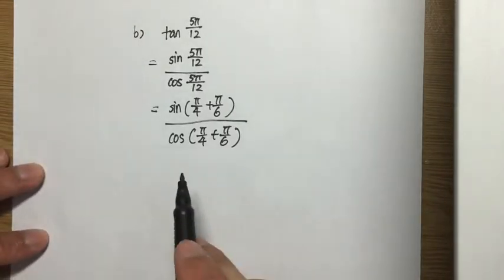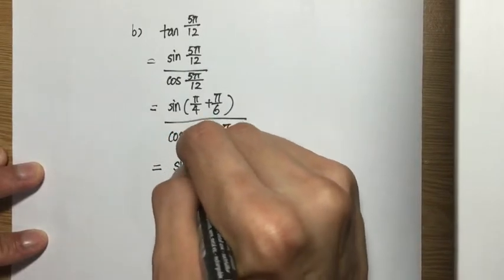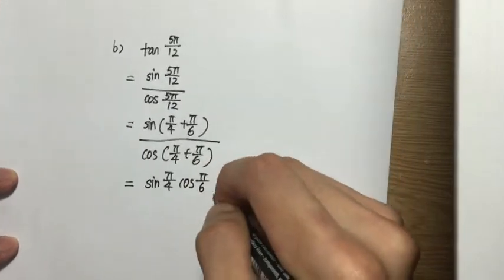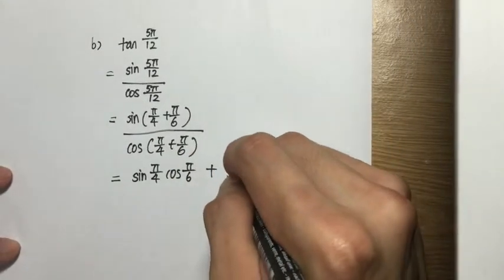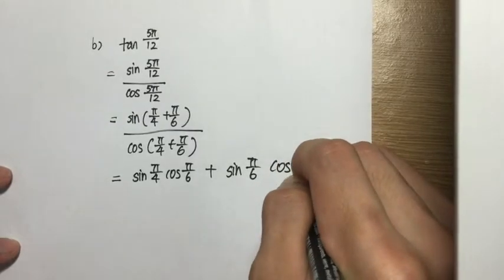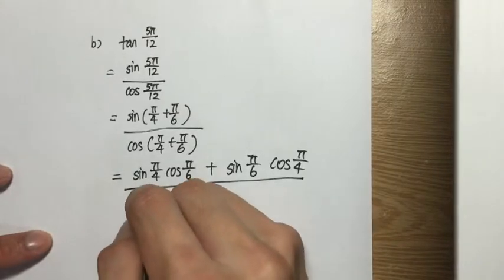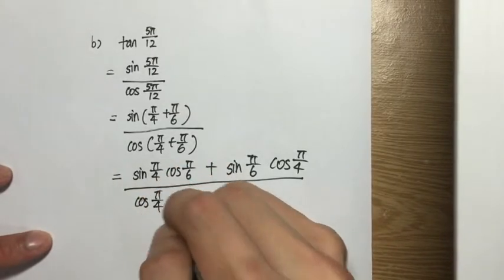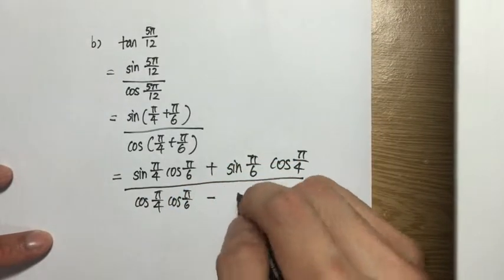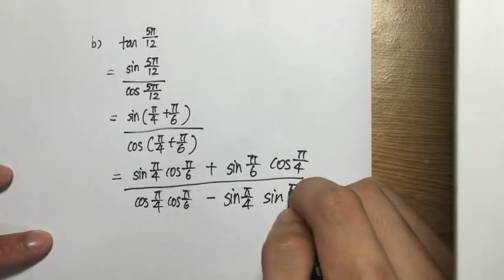This expression can also be written as sine pi over 4 cosine pi over 6 plus sine pi over 6 cosine pi over 4 over cosine pi over 4 cosine pi over 6 minus sine pi over 4 sine pi over 6.